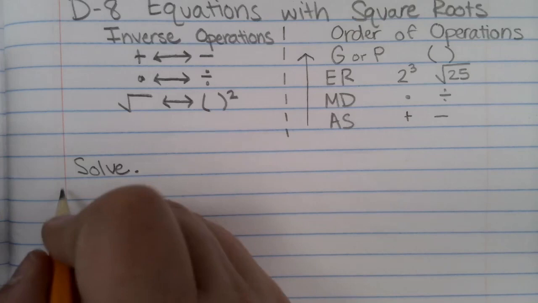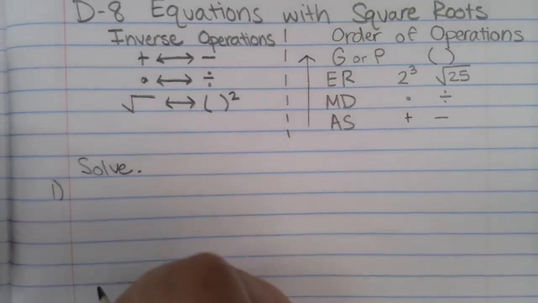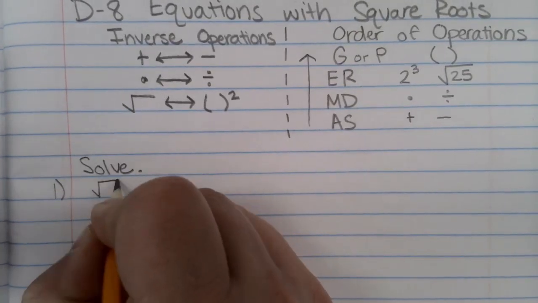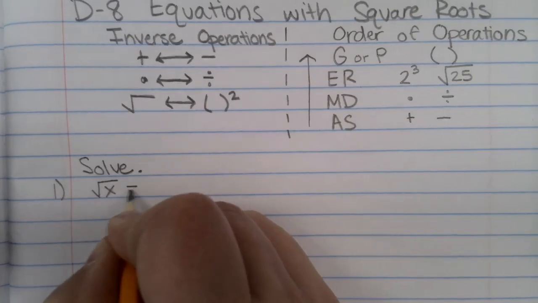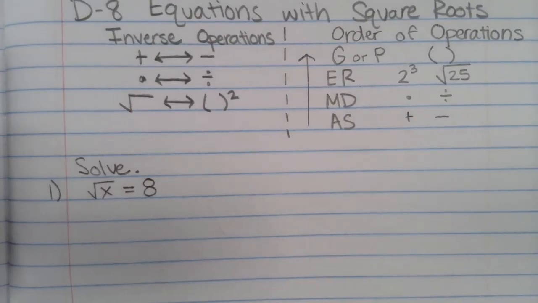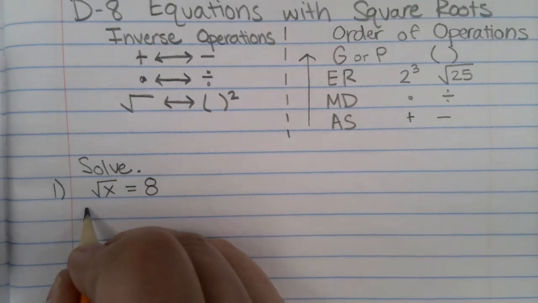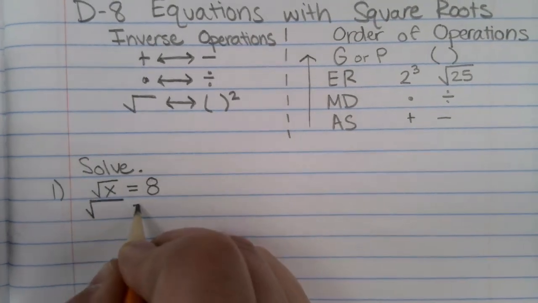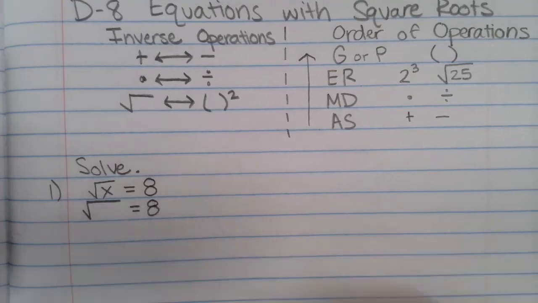So for problem 1, we have the square root of x equals 8. Let's just think this one through logically without having to solve it. How many examples? 5 today. If I'm thinking about this, what I'm thinking about is the square root of what is 8. And I can look back at my pink sheet.